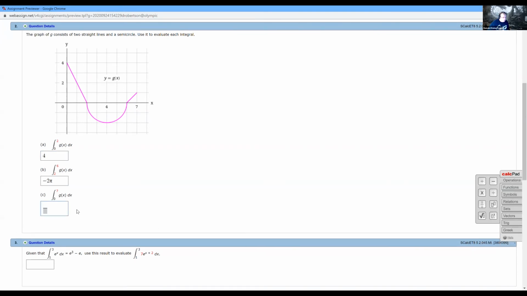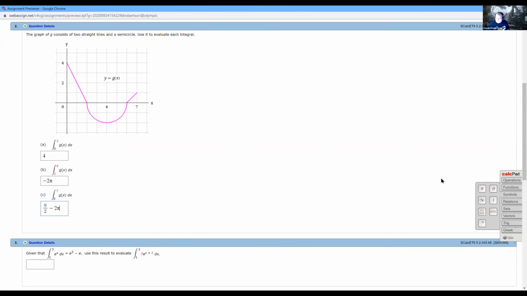So we would call that 9/2 minus 2 pi. We cool with that little hiccup? The areas are allowed to be negative.